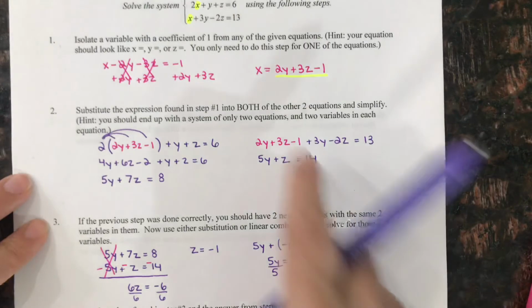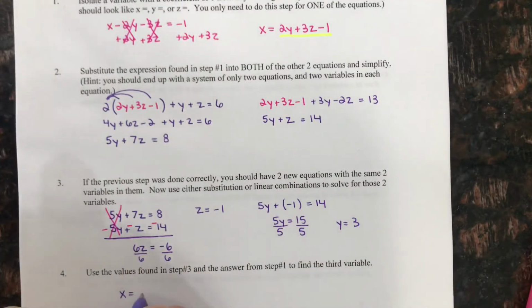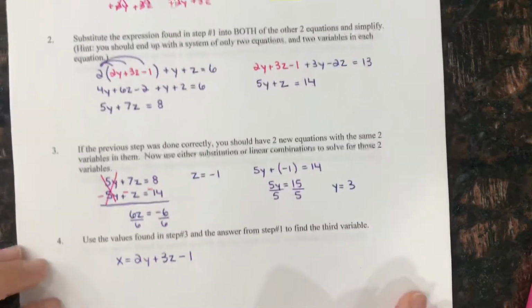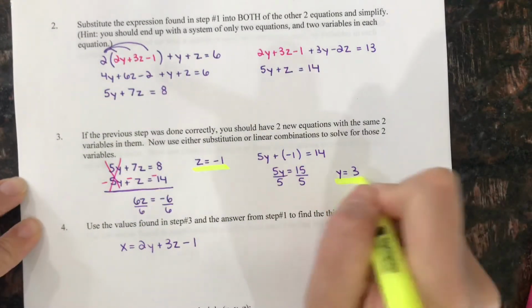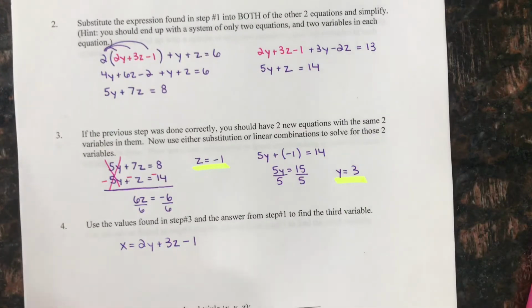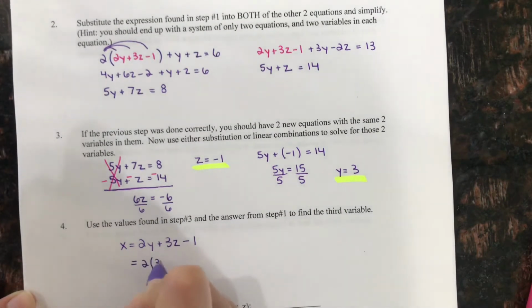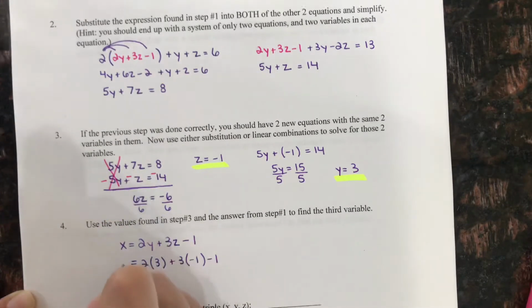So I know that the x value, I'm just going to rewrite this whole equation down here, 2y plus 3z minus 1. Now, if I know z is -1, y is 3, I could just plug them in. And now we would just simplify.